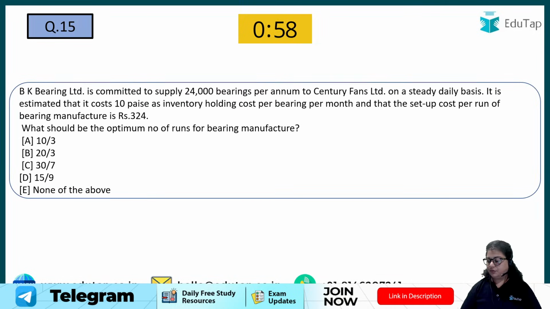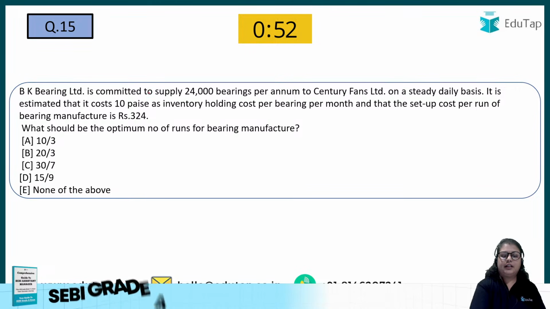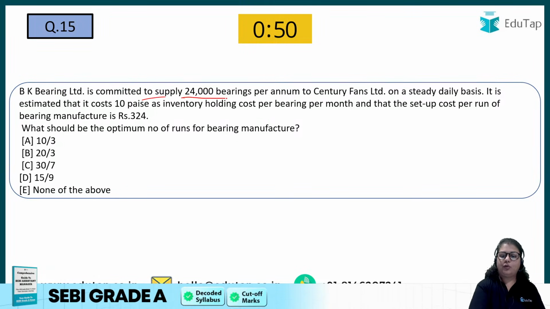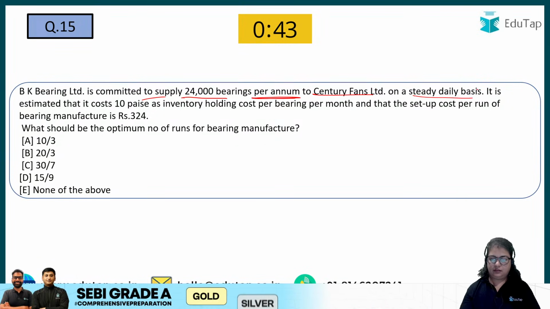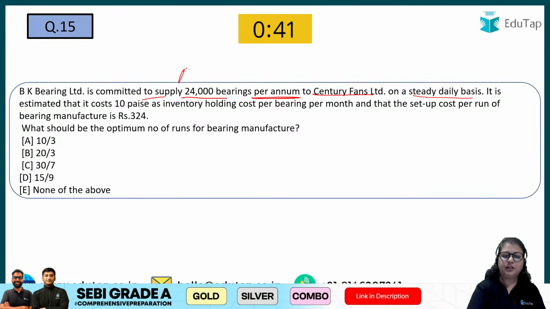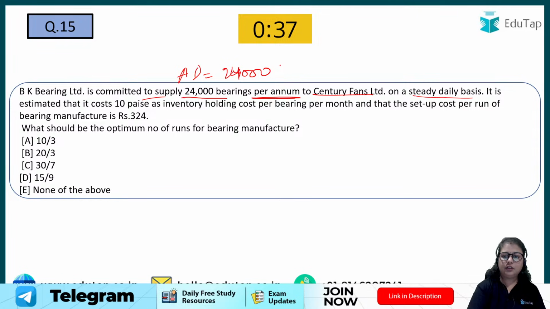Now question 15. Question 15 is a numerical based question. Let us understand what it is. BK Bearing Limited is committed to supply 24,000 bearings per annum to Century Fans Limited on a steady daily basis. So there is an annual demand of 24,000 units. It is estimated that the inventory holding cost is 10 paise per bearing per month.